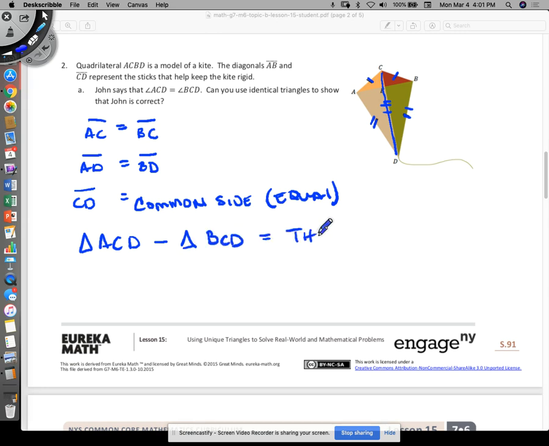Reasoning, 3 pairs of equal sides. So the triangles are identical. Just basically what we said up above. They're just showing you an actual picture of a real life thing versus the drawing with the compass. All right, let's go on to the back.